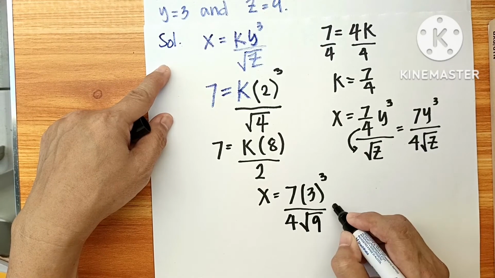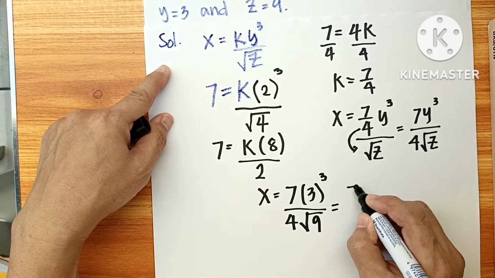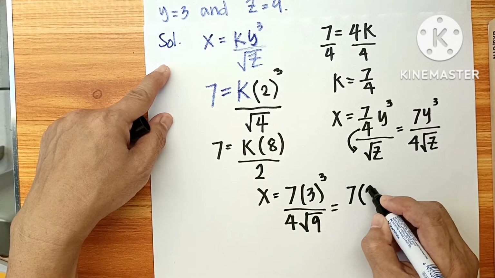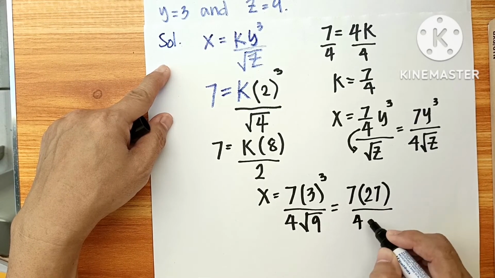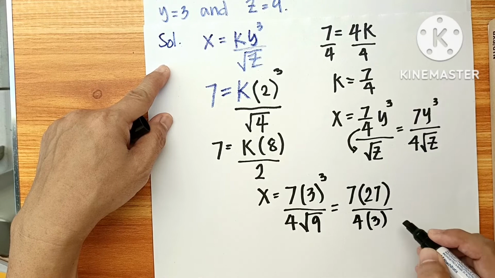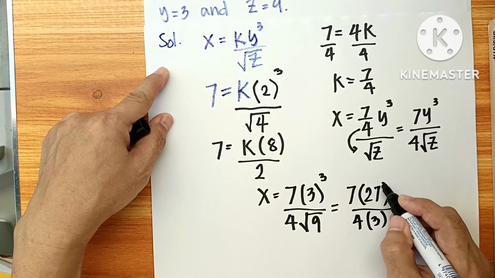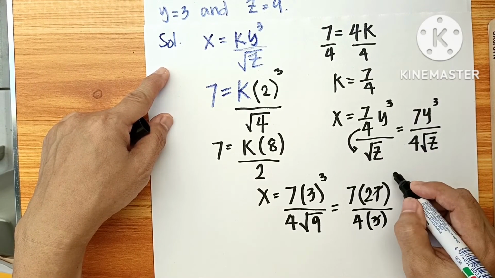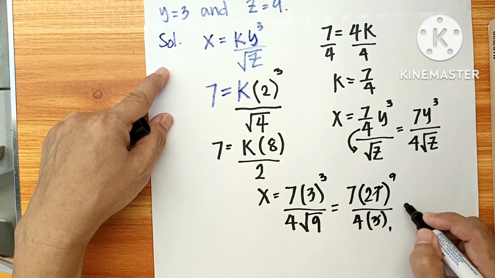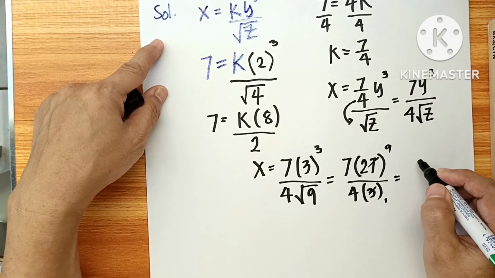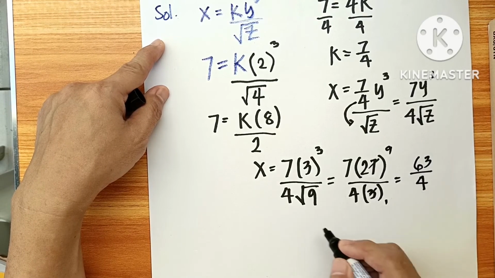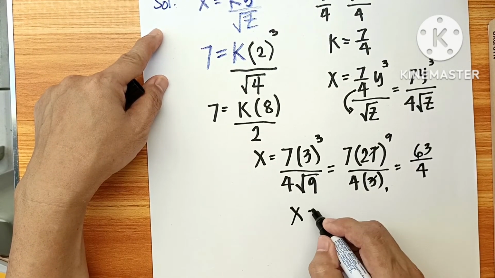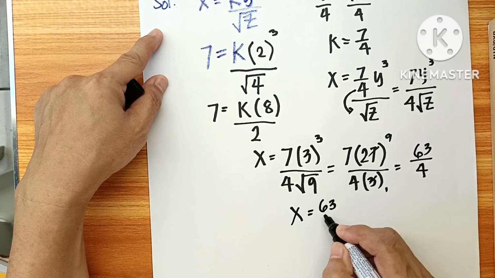So this is equal to 7, 3 cubed is 27, all over 4 times 3. You can cancel 27 and 3. So this is 9, this is 1. So our final answer is 9 times 7 is 63 over 4. Therefore, x is 63 over 4.